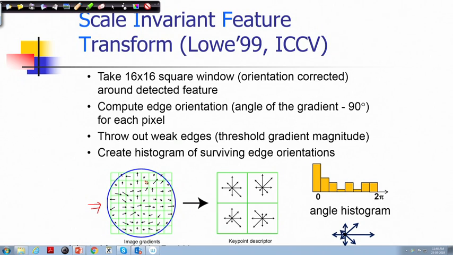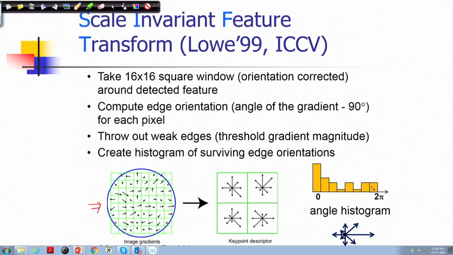That means, at every pixel you computed gradients, and these are the directions. Some of them are thrown out from consideration if their magnitudes are weak, and then you bin those directions into a histogram. As I discussed earlier, directions range from 0 to 2 pi radians, and you discretize that range into intervals, and each interval is called a bin.